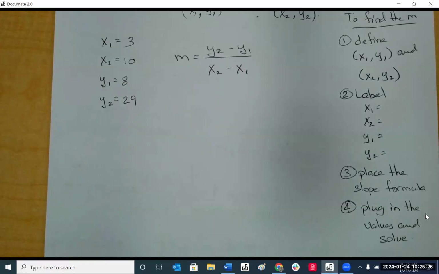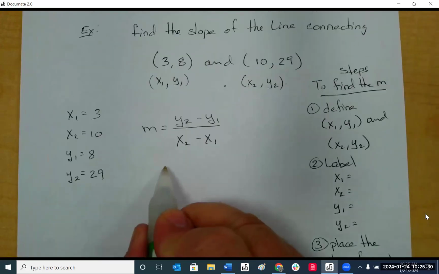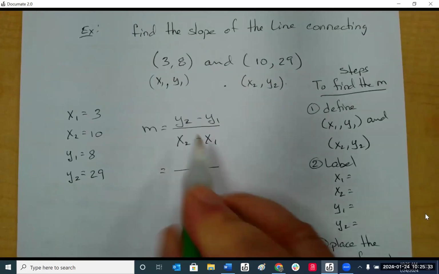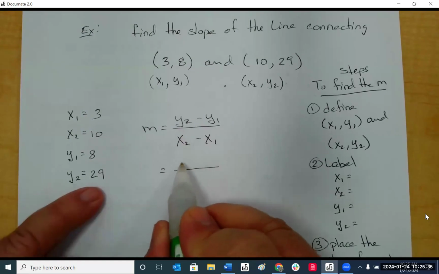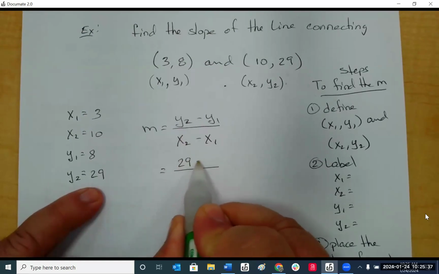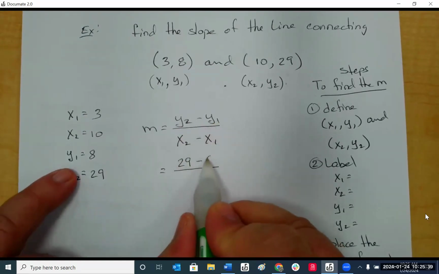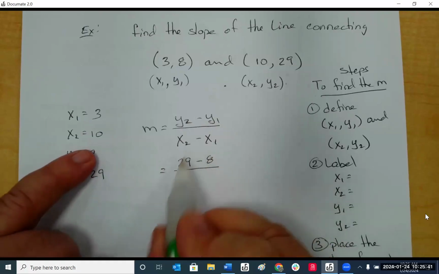What do we get here? Yeah, so y2 is 29. Y1 is 8. X2 is 10.